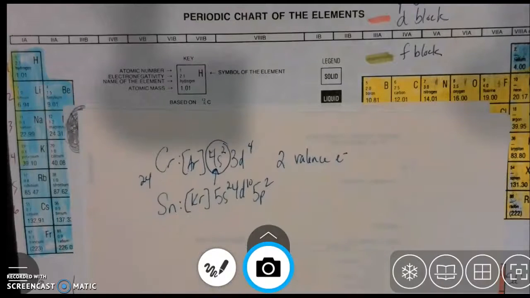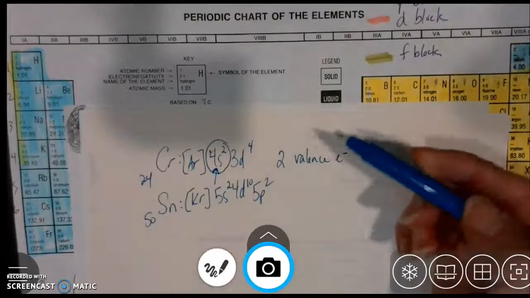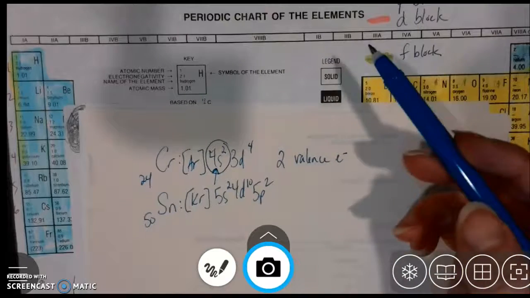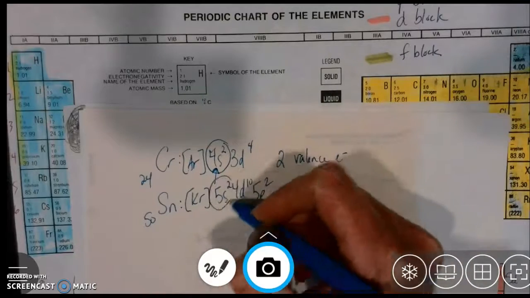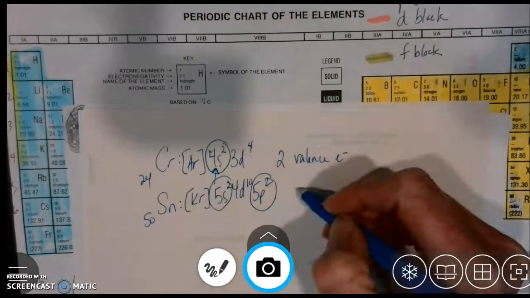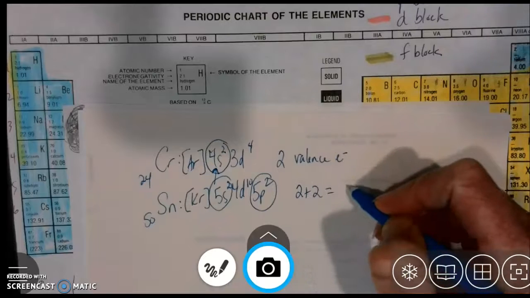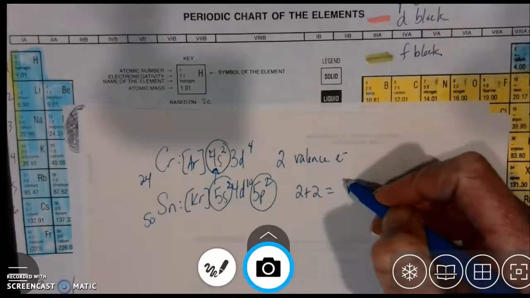Again, my valence electrons are my outermost S and P electrons. So this is going to be 2 plus 2 for a total of 4 valence electrons.